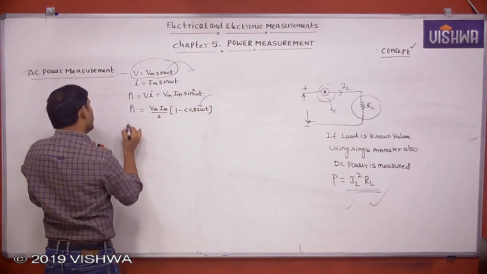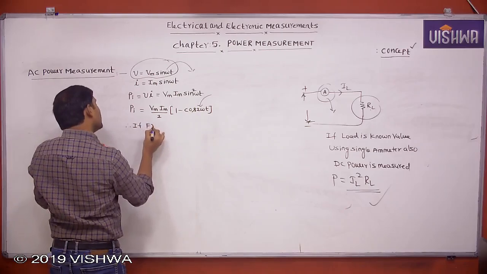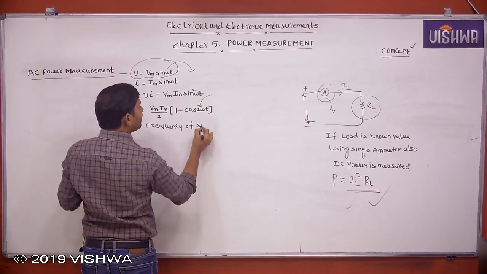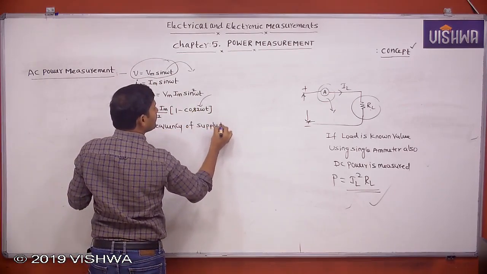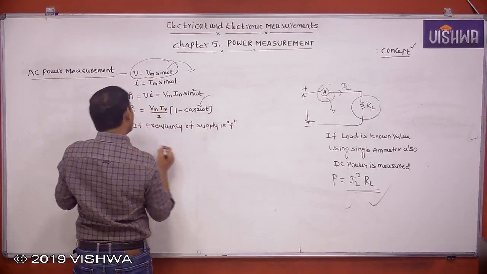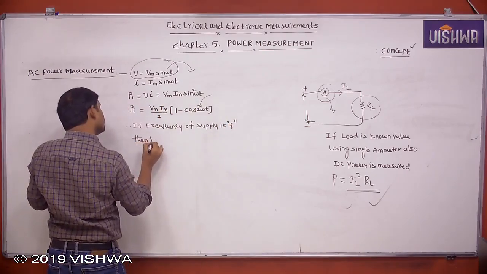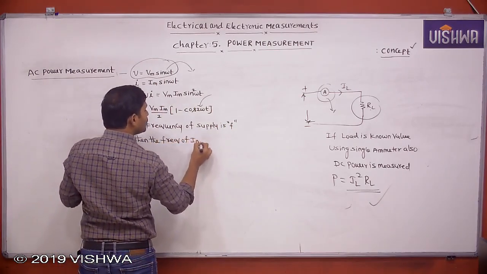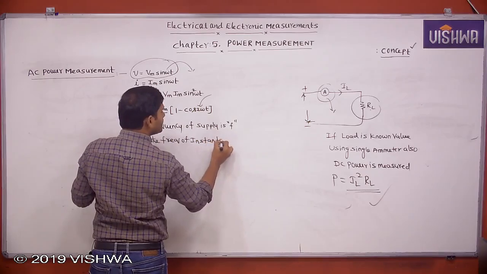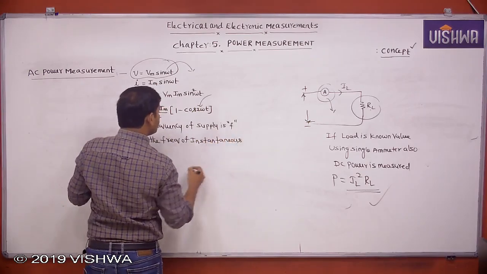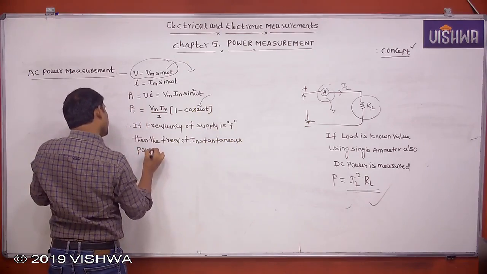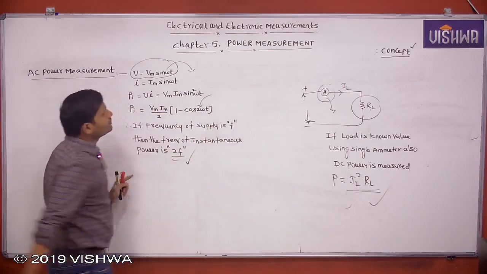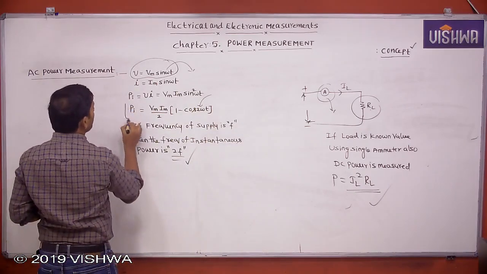Therefore, if the frequency of supply is F, then the frequency of instantaneous power is 2F. Okay, this is a point to remember. This is the instantaneous power equation.